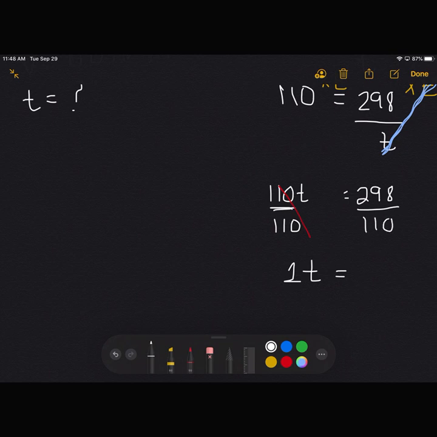So what is 298 divided by 110? I don't have a calculator, but I'm going to guess it's somewhere in the vicinity of 2 point something.